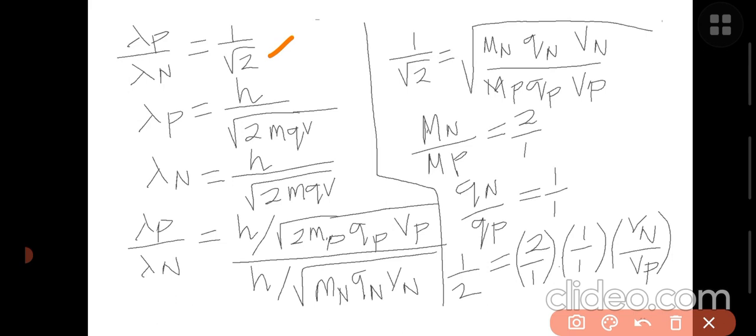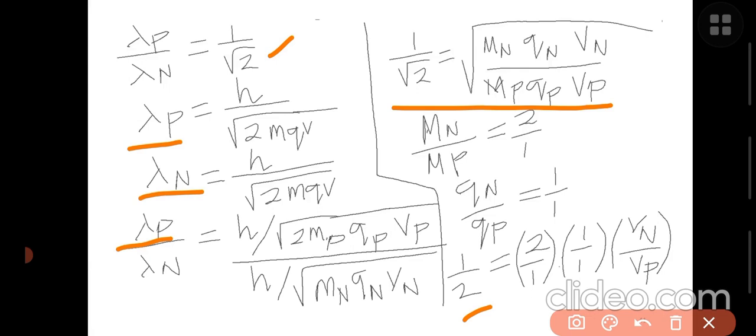Now writing out the equation for wavelength of proton as well as wavelength of the neutron, and taking the ratio between lambda p and lambda n, we get this equation. After cancelling out the common terms, from this equation we can square both sides. We get 1 by 2 on the left hand side.